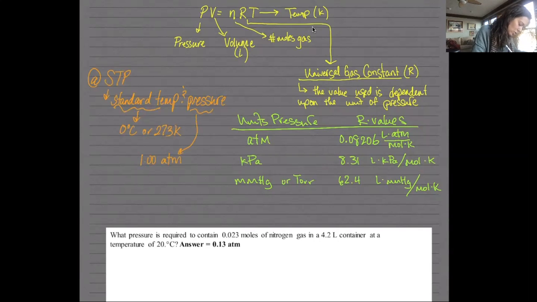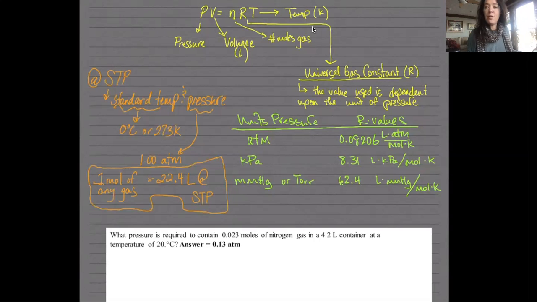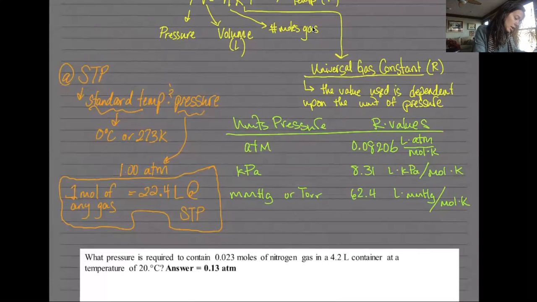At these conditions, 1 mole of any gas has a volume of 22.4 liters, and that is at STP. So if the conditions are standard, meaning the temperature is 0 degrees Celsius and the pressure is 1 atmosphere, then it is always true that 1 mole will equal 22.4 liters.